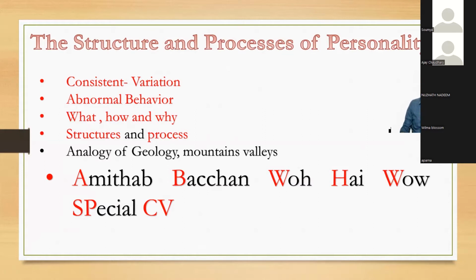So to remember the structure and process of personality, in case the examination asks about it, we should discuss these 4 points: consistency and variation, abnormal behavior, the why, how and what of behavior, structure and process. So remember this.